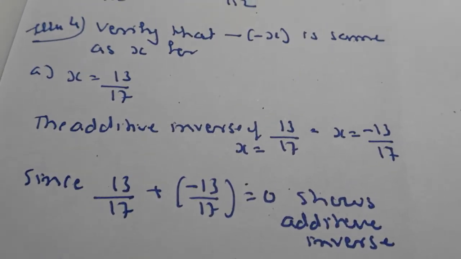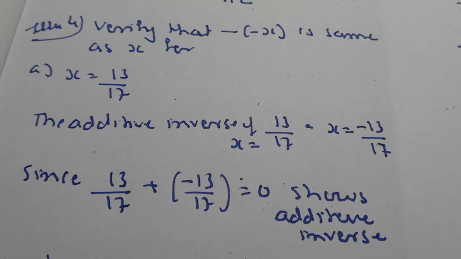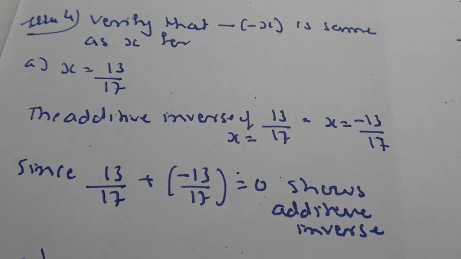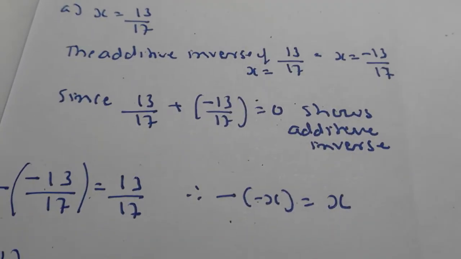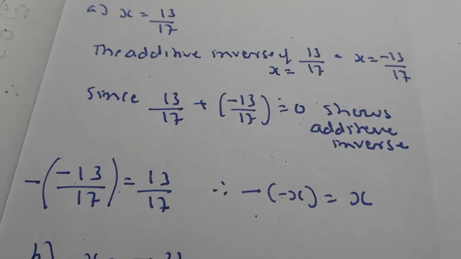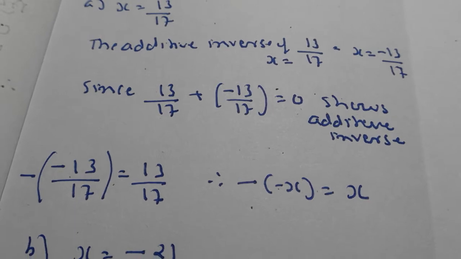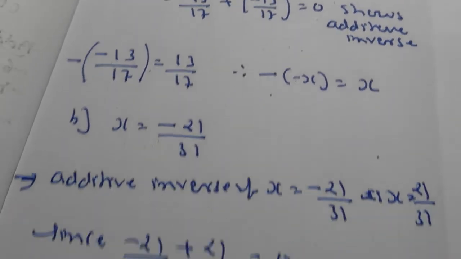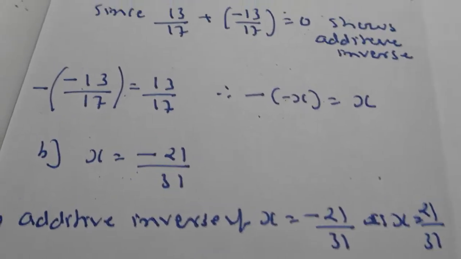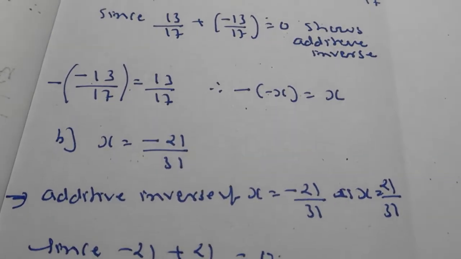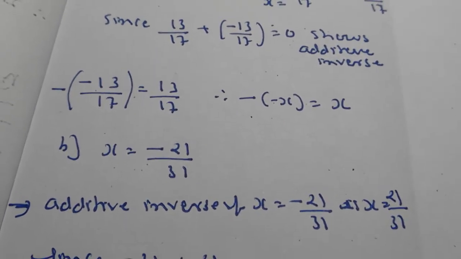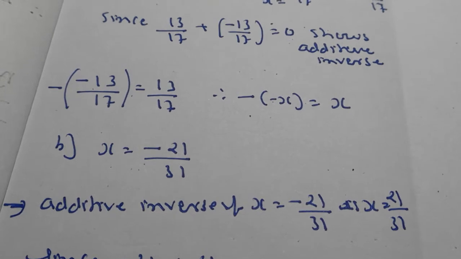If I am adding both, that is 13 upon 17 and its additive inverse, the answer will be 0. So minus 13 upon 17 is the additive inverse of 13 upon 17. So minus x is equal to x. Same way, second sum. x is equal to minus 21 upon 31. So additive inverse of x is 21 upon 31.